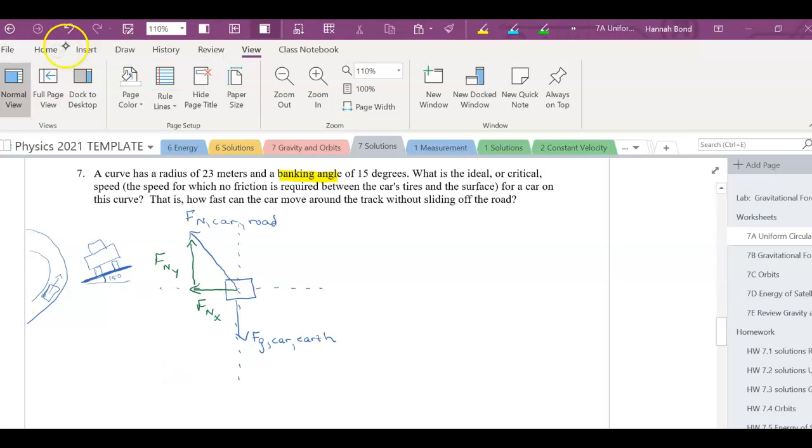I should find that angle, and so I'm just going to show you that if this is my normal force, and here was my 15 degrees, this is also 15 degrees. And this is 15 degrees. So the car is not moving in the vertical direction.